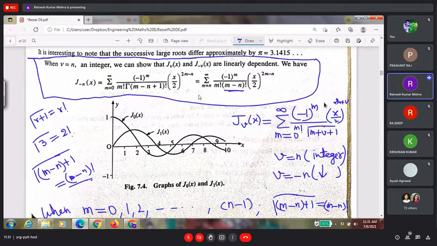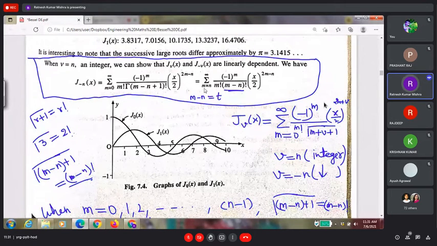Now shift this one: m minus n equal to t, या k कर लो जो भी करना है, whatever. So when m equal to n, k equal to 0 to infinity, minus 1 to the power n plus k, factorial n plus k, and you can change.